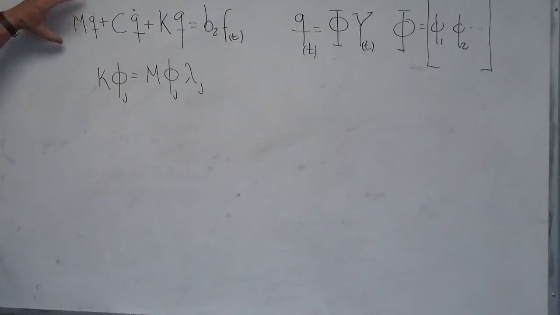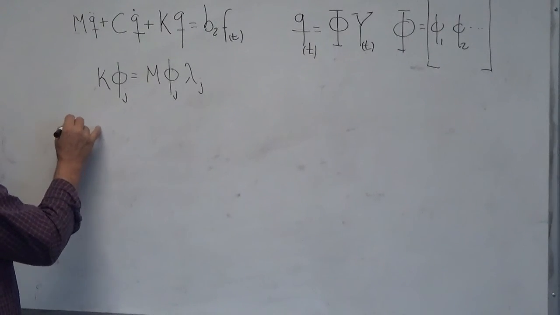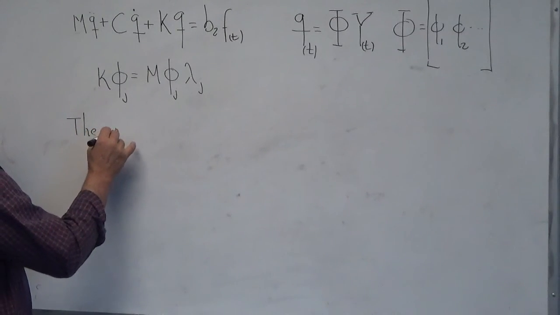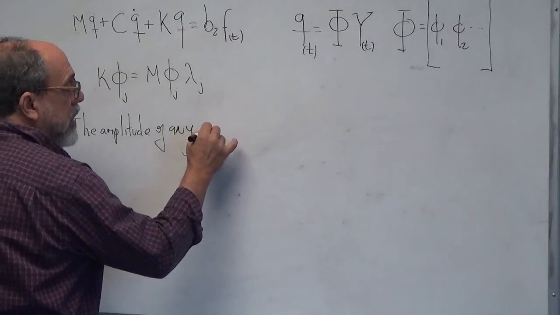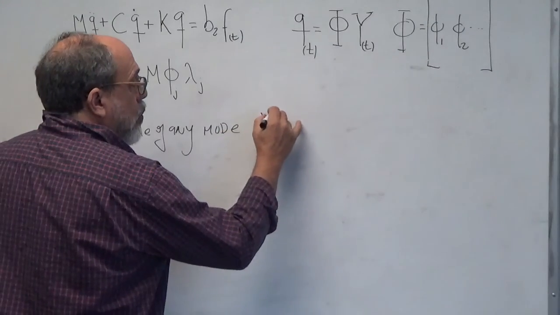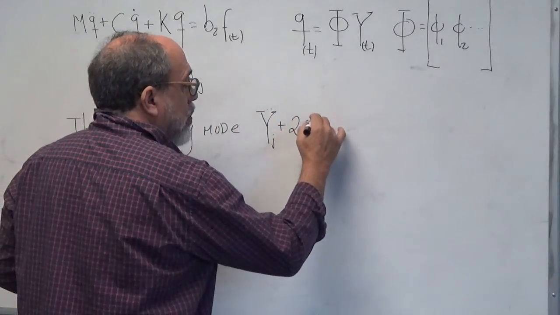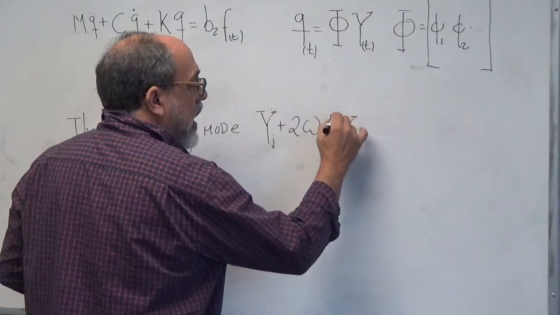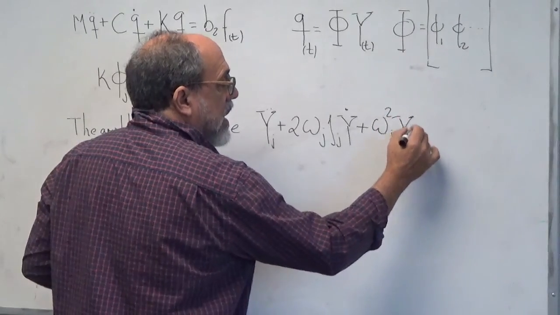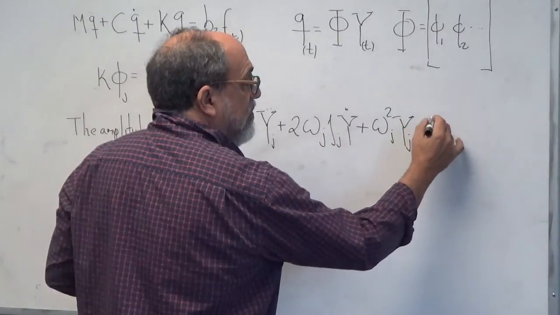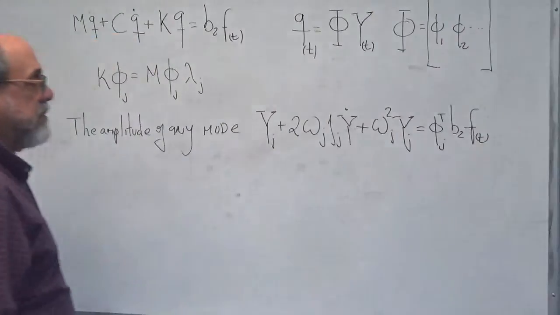When we do that, the equations of motion become diagonal, and the amplitude of any mode is solved from the equation yj double dot plus 2 omega j times the damping of mode j times y dot plus omega j squared yj equals, on the right side, phi j transpose times B2 times the time history f(t).